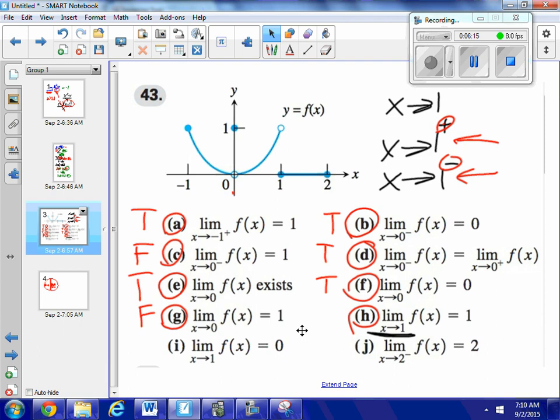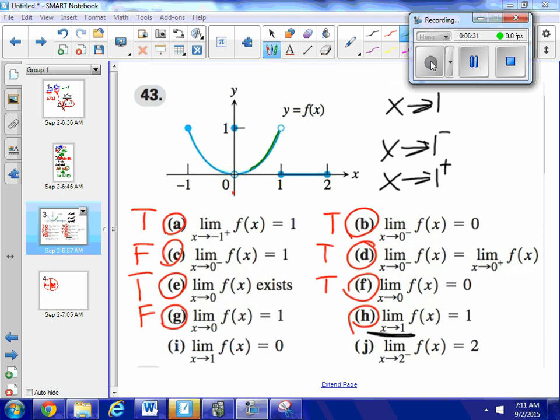As I'm approaching 1 from the negative side, my limit of f of x looks like it's going to be 1. But as x is approaching 1 from the positive side, it looks like my limit isn't 1.